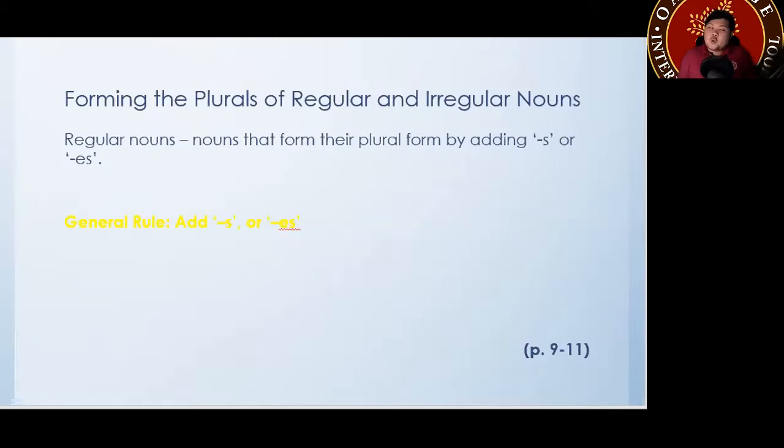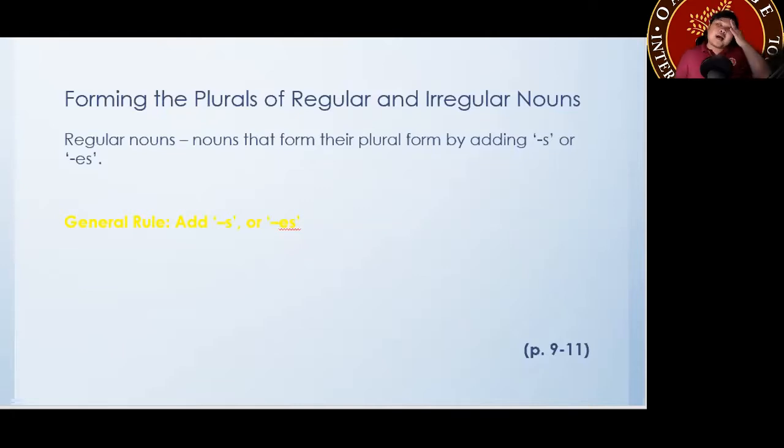Now, let me refresh you on what general rule means. For those of you who forgot, or those who are new here, when Teacher Vin says general rule, basically, class, it is a rule that you can apply to anything, and even if it's not exactly the rule, people will understand you.